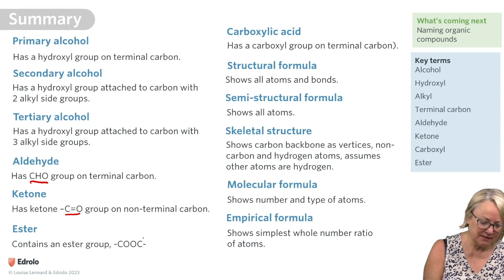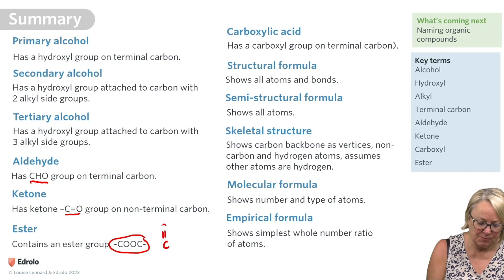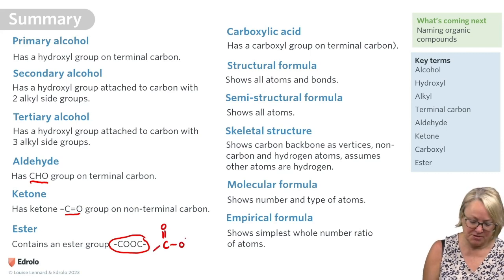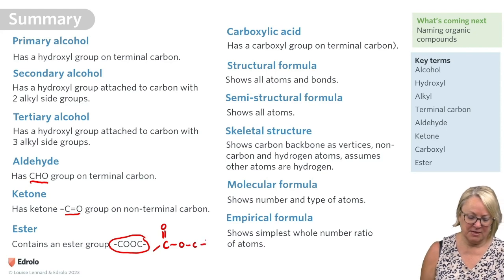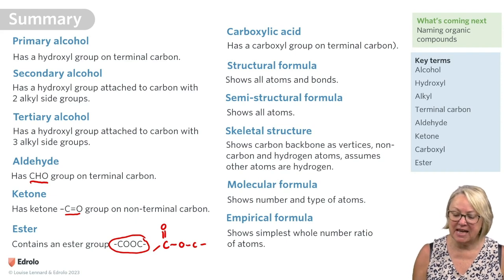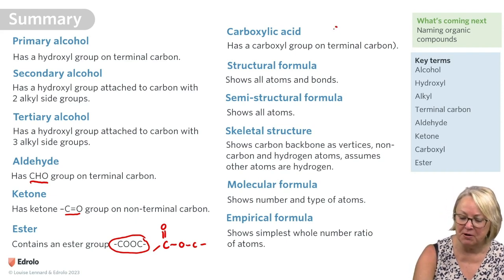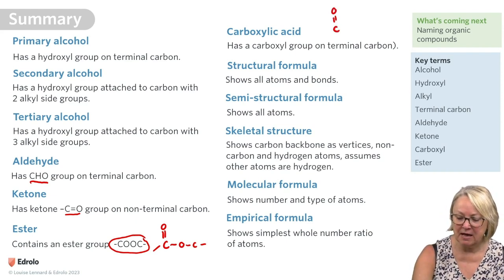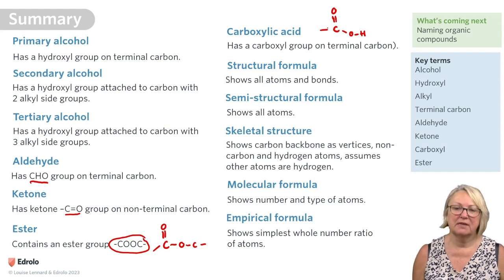An ester contains an ester functional group, which is a carbon double bonded to an oxygen, then single bonded to another oxygen, and continues with another carbon. A carboxylic acid has a carboxyl group on a terminal carbon. A carboxyl group is a C double bond O, and then an O, and then an H.